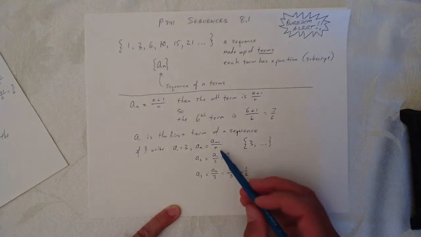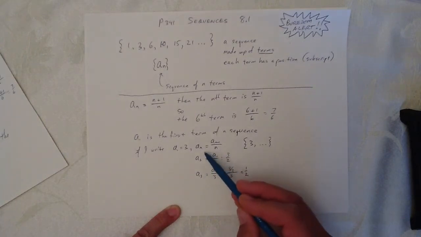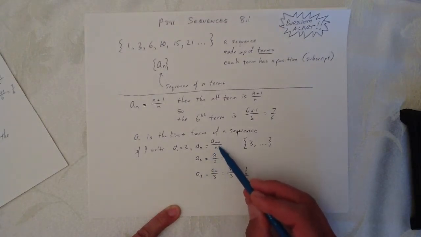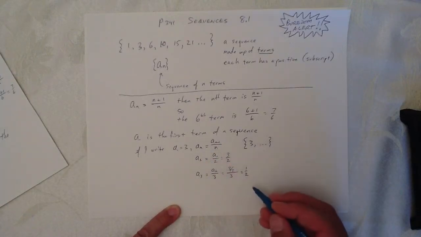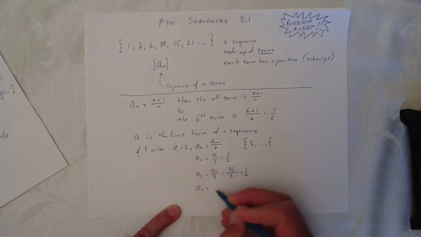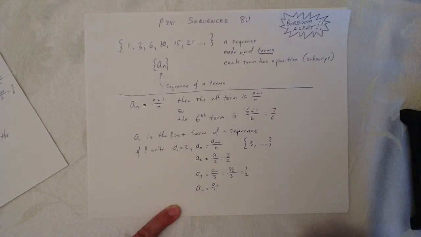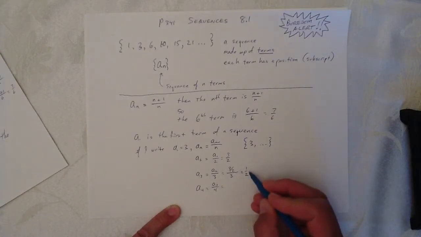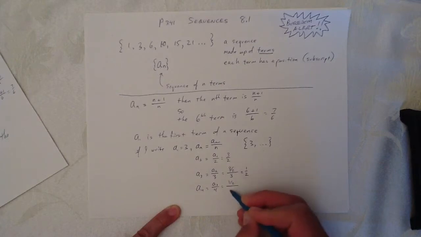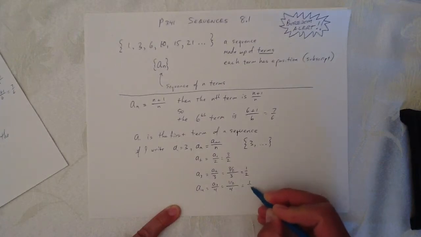Now you can see here that we're using n in the definition of A_n, which is why it's called recursion. It's kind of circular. A_4 equals A_3 over 4. And that equals, well, A_3 was 1 over 2, (1 over 2) over 4, which equals 1 over 8.